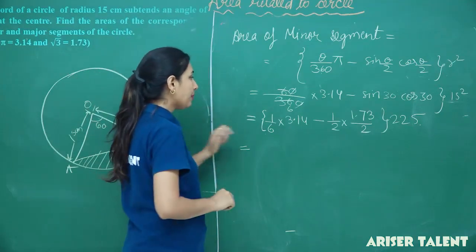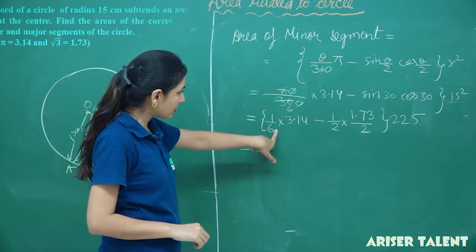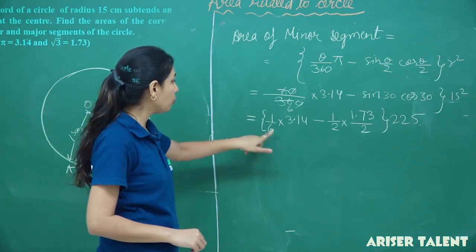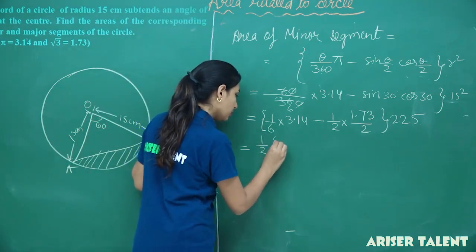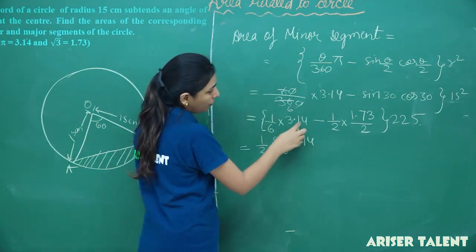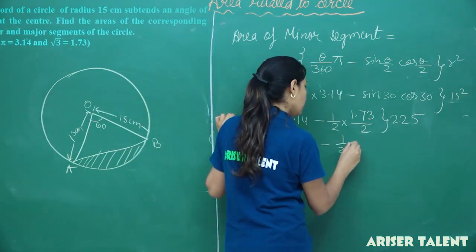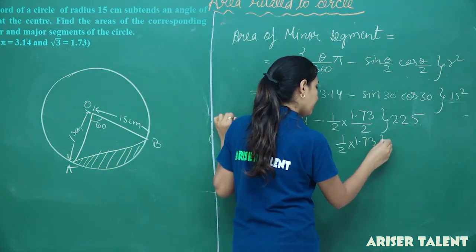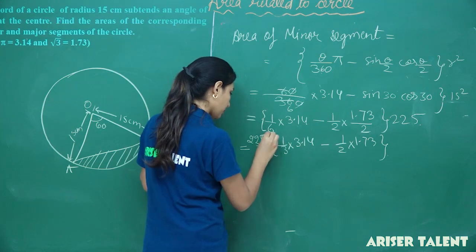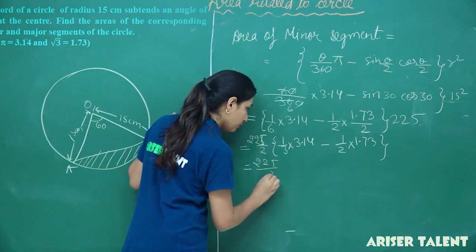Now what will happen? It is 3.14. Okay, so it will be divided by 6, or I can do one thing, I can take 1 by 2 common here. So 1 by 2, 1 by 3 multiplied by 3.14, it's not divisible by 3, minus 1 by 2 multiplied by 1.73, and this by 225 here. Okay, so that will be 225 by 2.